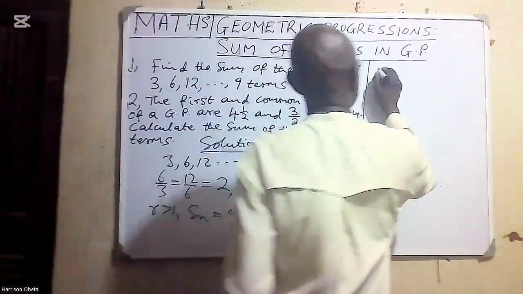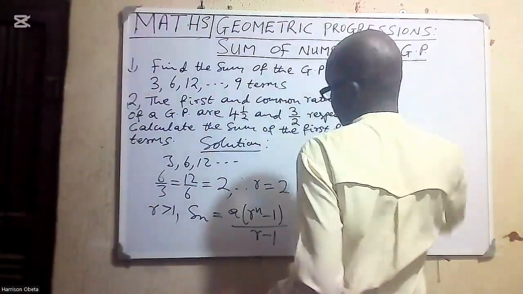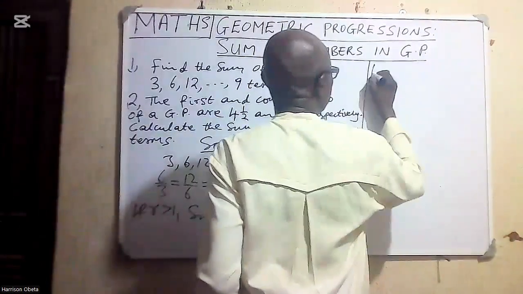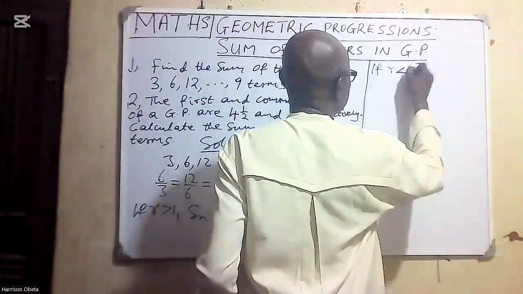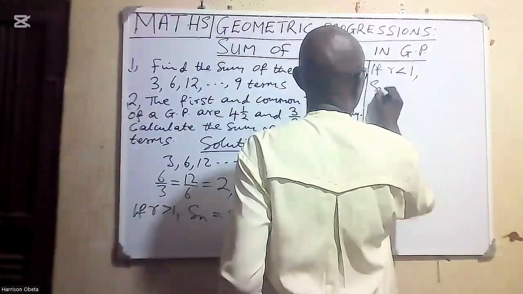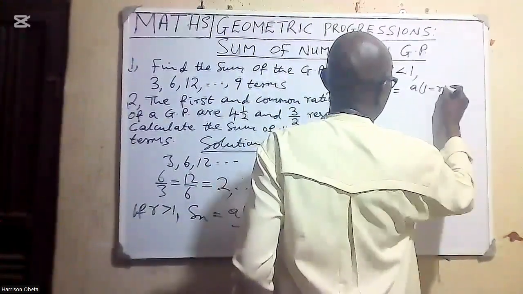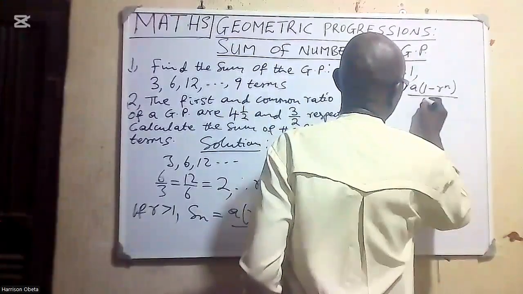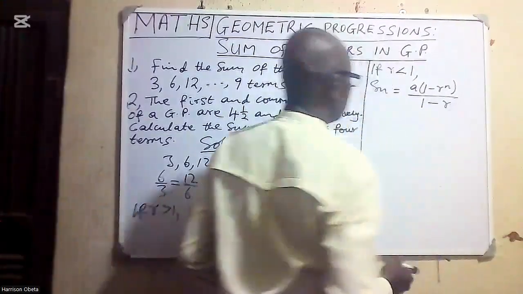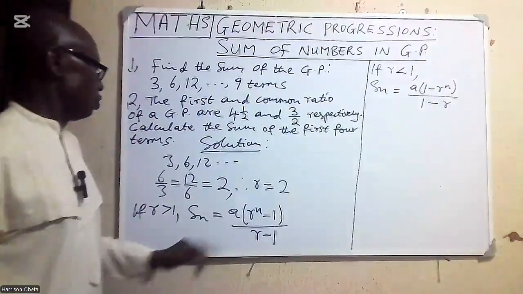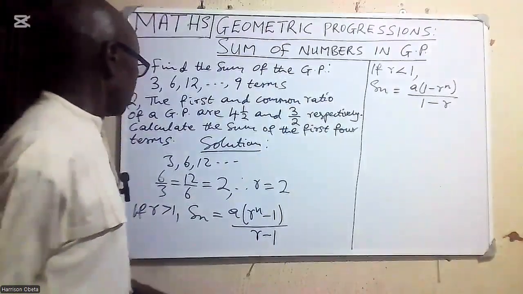But if R is less than 1, we use the formula Sn equal to A bracket 1 minus R raised by n all over 1 minus R. So since our common ratio is 2, we're going to use the first formula.